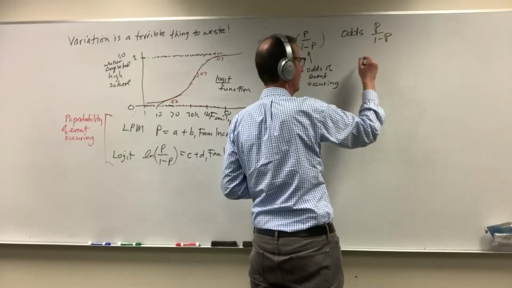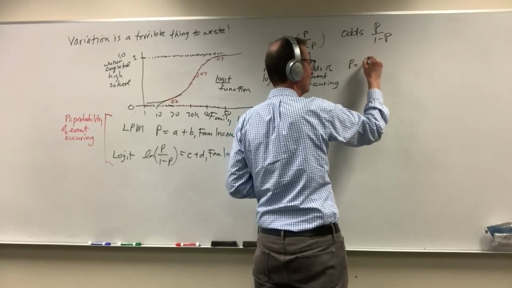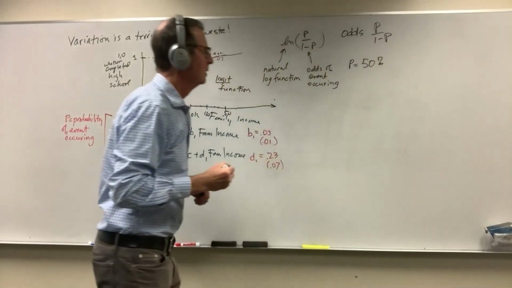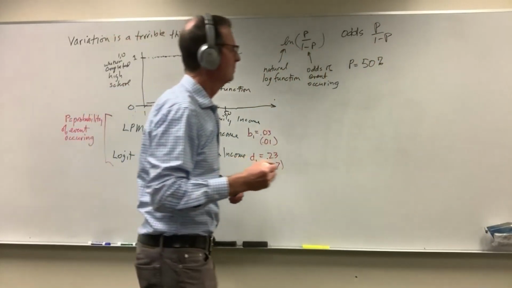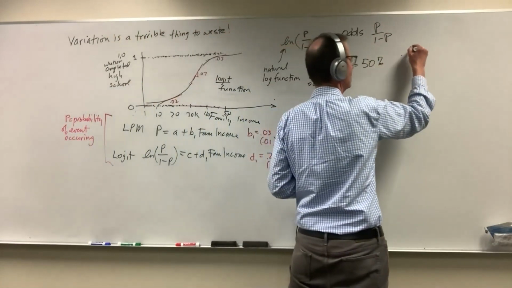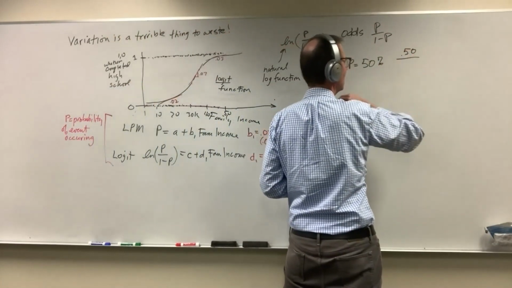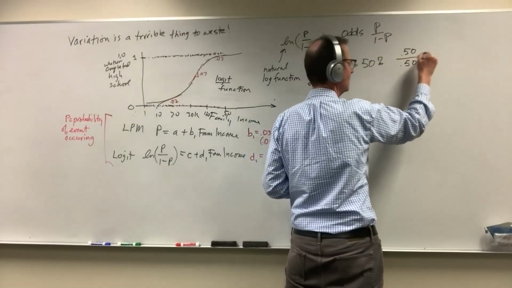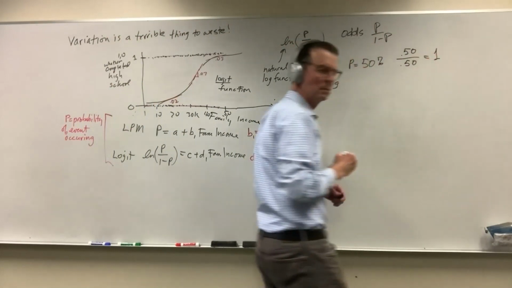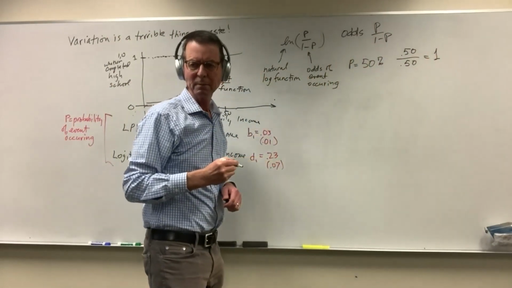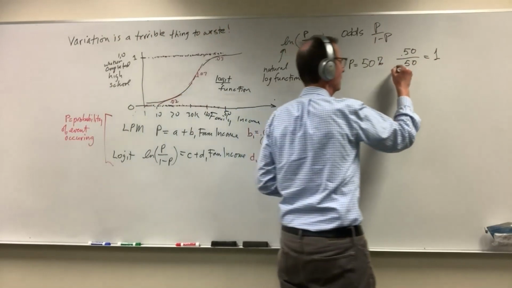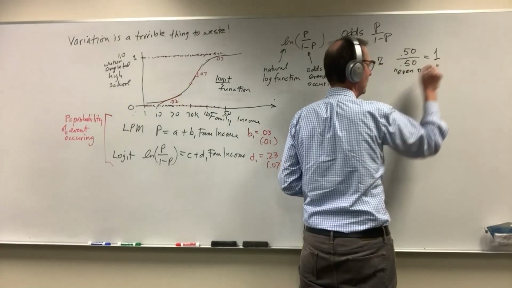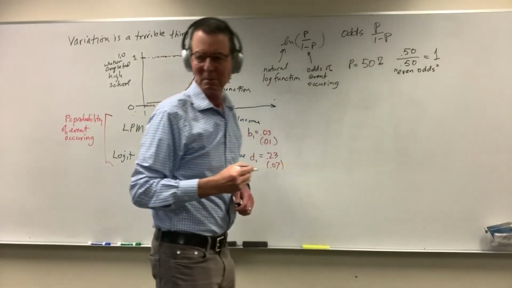So let's say P equals 50%. What are the odds? 0.5 over 1 minus 0.5, which is 1, which people say are even odds, right?